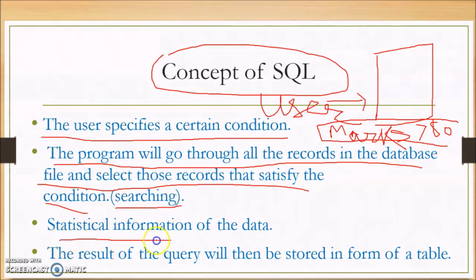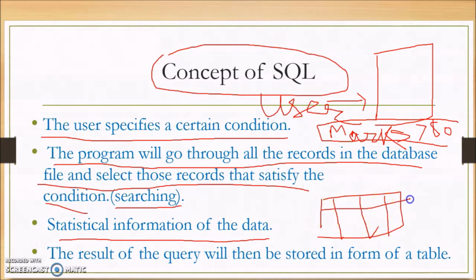Next is statistical information of data. Now after getting the records according to the condition, फिर क्या करेगा, उसको एनालाइज करेगा, उसका स्टैटिस्टिकल स्टेट्स क्रिएट करेगा. ठीक है, सपोज इसको 3 रिकॉर्ड्स मिले.